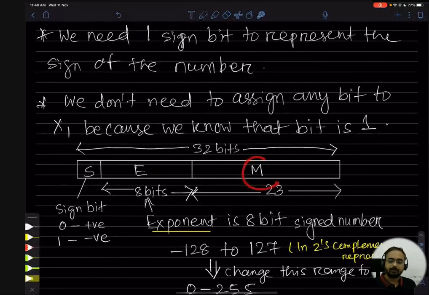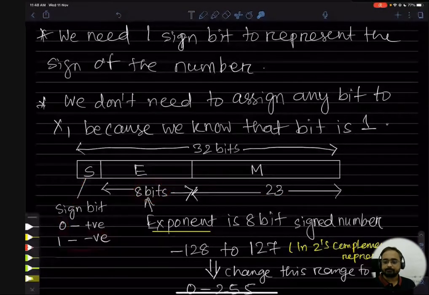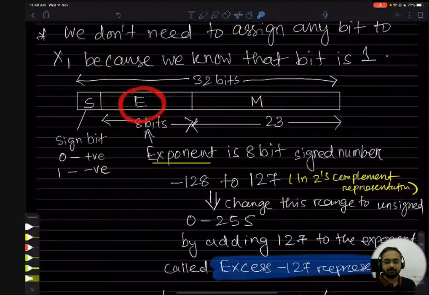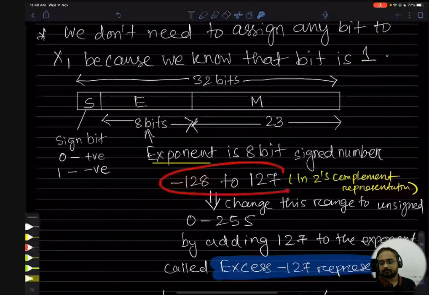So M will contain 23 bits, E will contain 8 bits, and this is the sign bit: 0 means positive, 1 means negative. Another thing you have to remember is, if it is an 8-bit exponent, what will be the range? Minus 128 to 127, right?